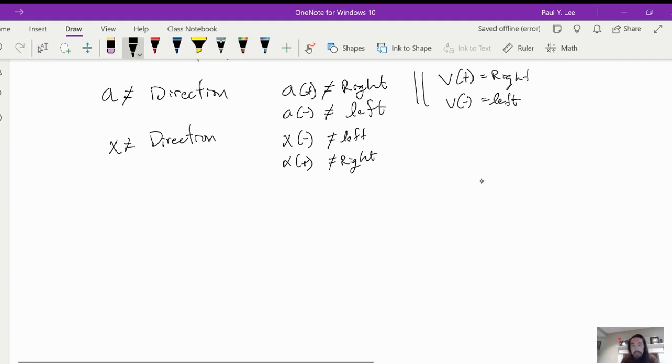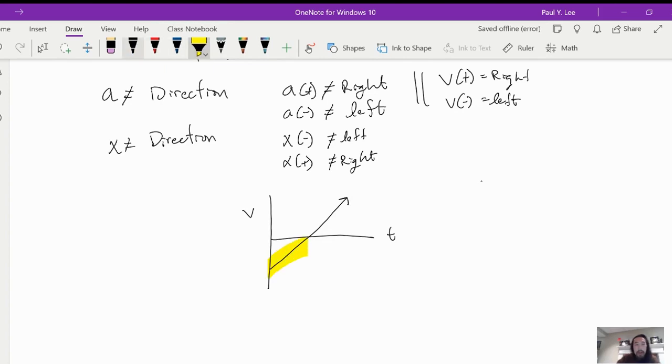So let's start off with the velocity time graph. Here we have a velocity time graph. I'm just going to create a simple line there. Down here in this region, I'm going to highlight this part. This tells us that we have a negative velocity.